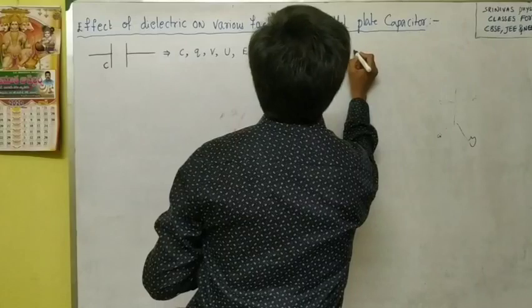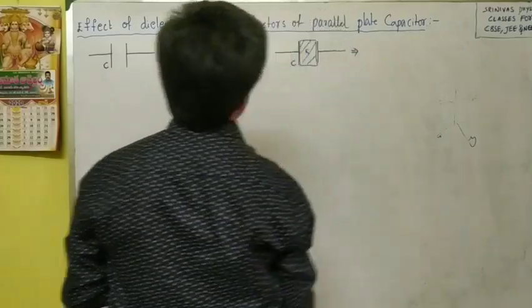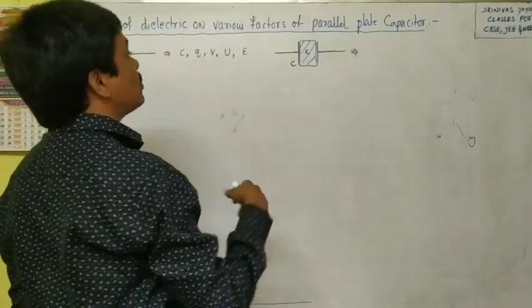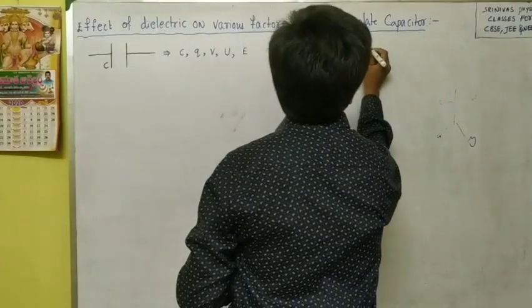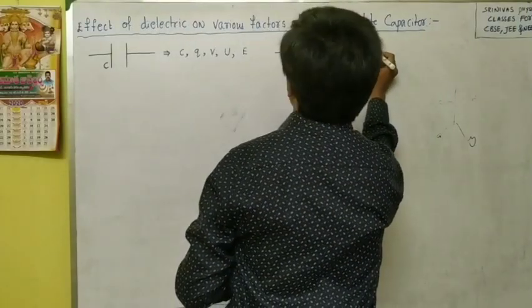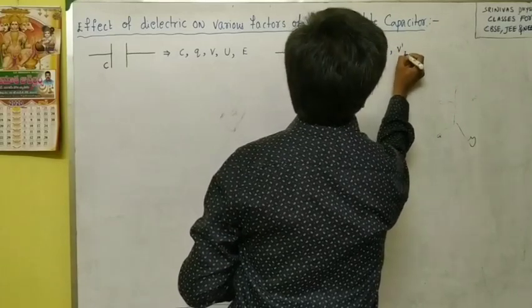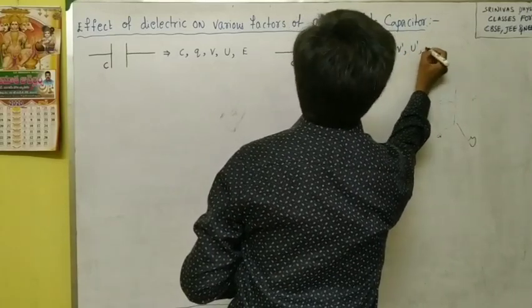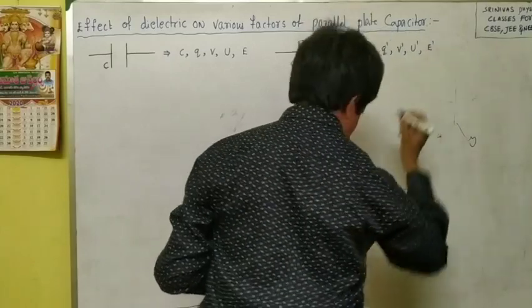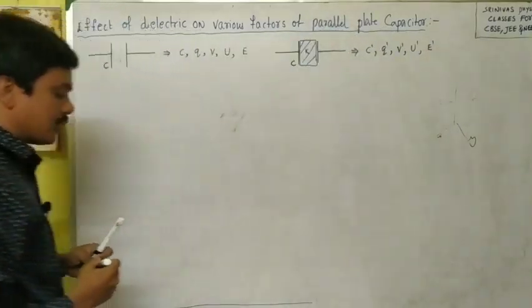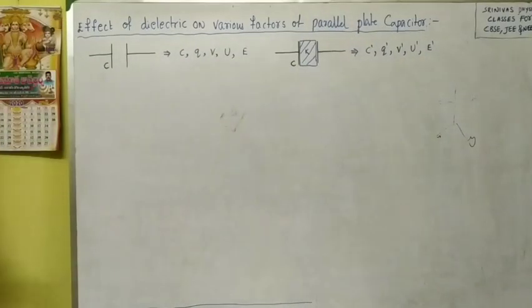Now, how will the remaining factors change? The new capacitance is C dash, the new charge stored is Q dash, the new potential is V dash, the new energy stored is U dash, and the new electric field is E dash. I am going to explain how these will change.